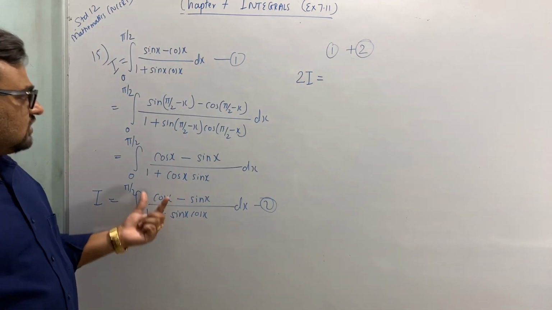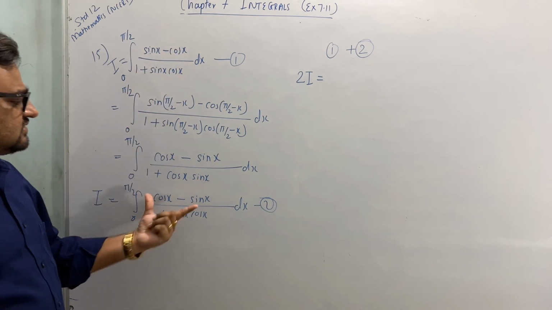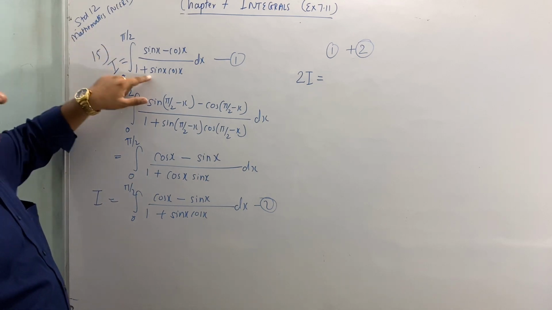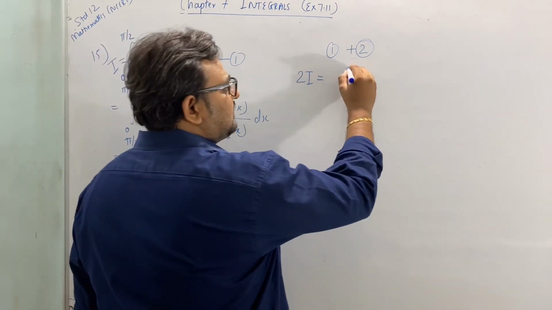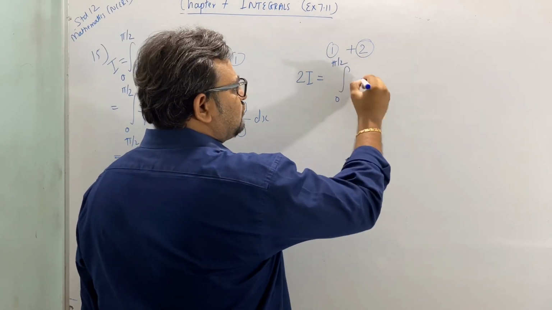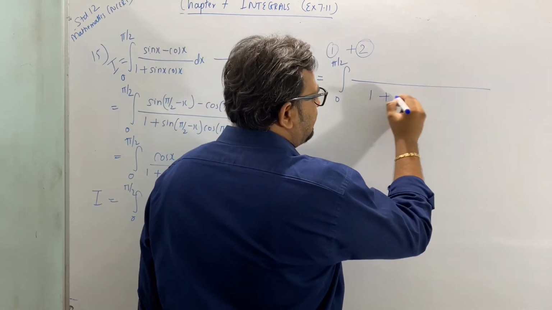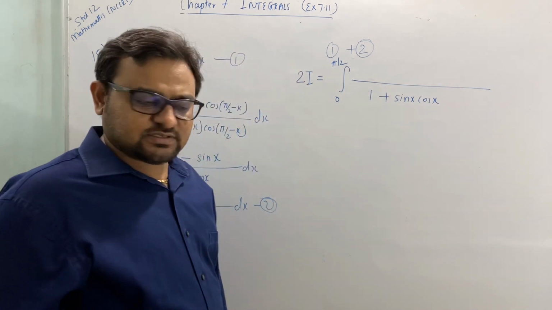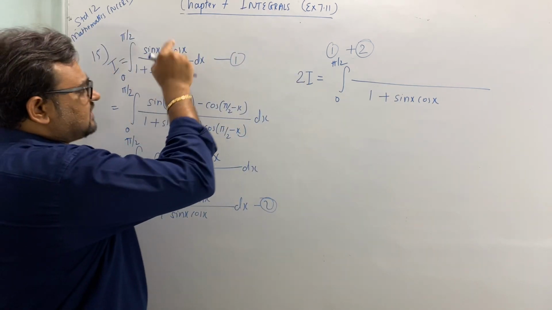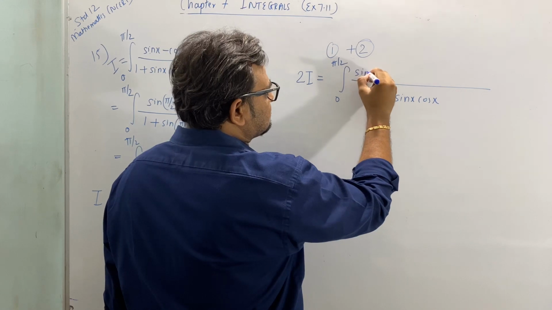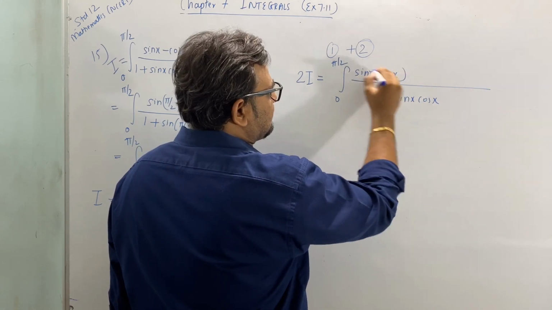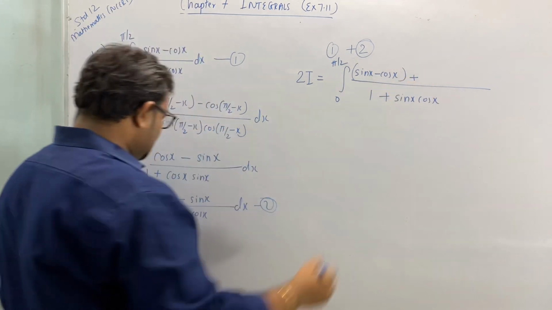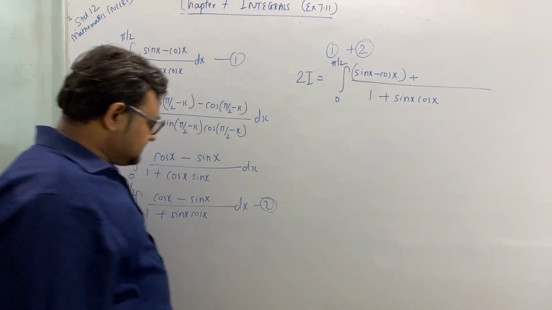Clear? So this will be sin x minus cos x upon this and cos x minus sin x upon this. And limits are the same, denominator is the same. So it will be 0 to pi by 2, 1 plus sin x cos x. Clear? So sin x minus cos x plus cos x minus sin x.